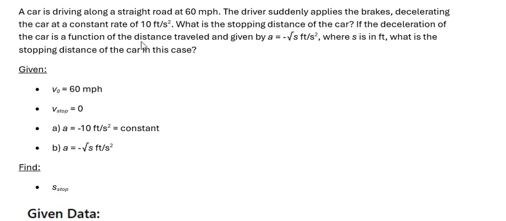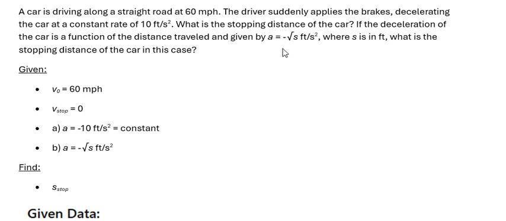Now, the deceleration of the car is a function, not a constant rate, but a function of the distance traveled. It is given as acceleration equal to minus the square root of the distance, in feet per second squared.